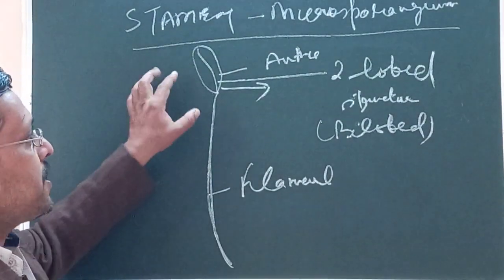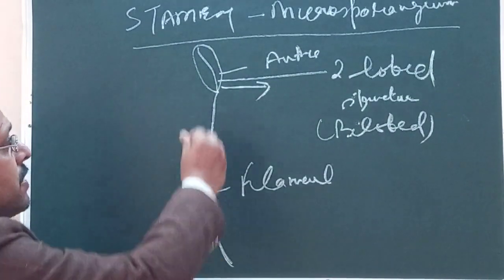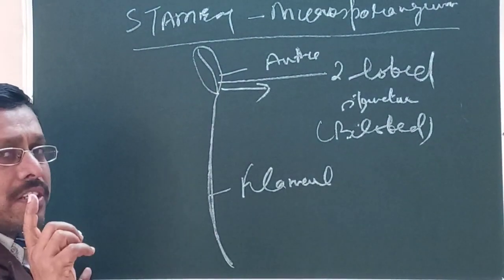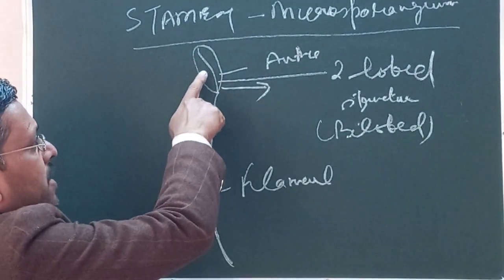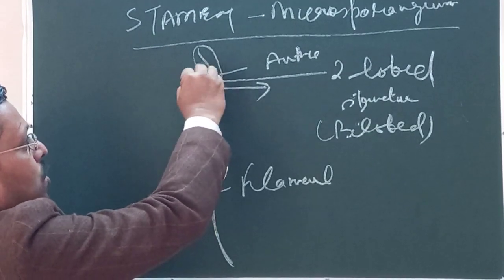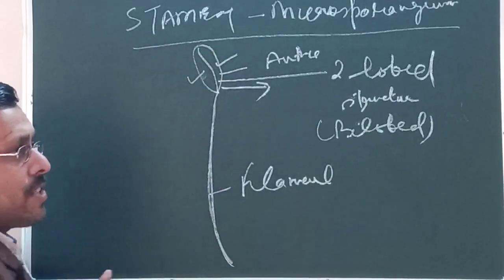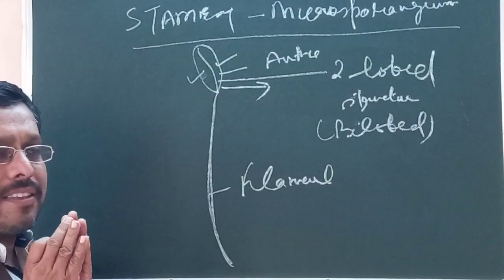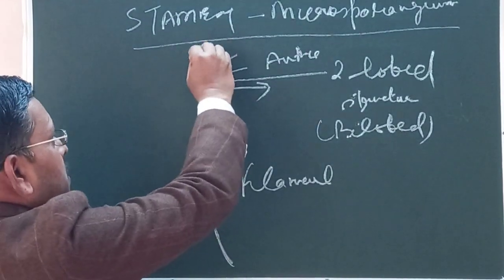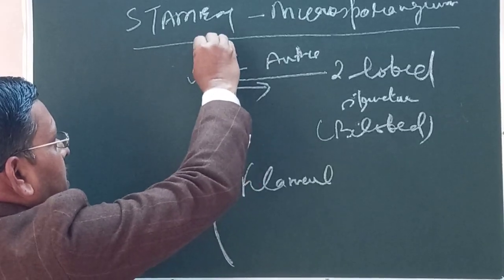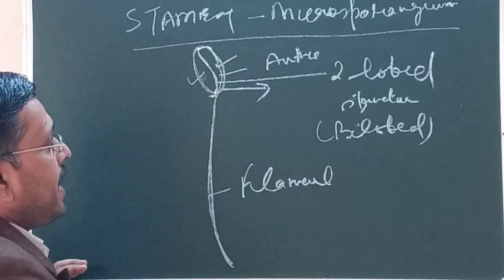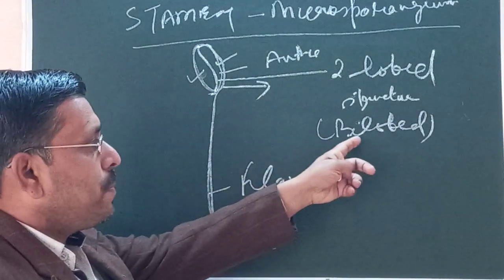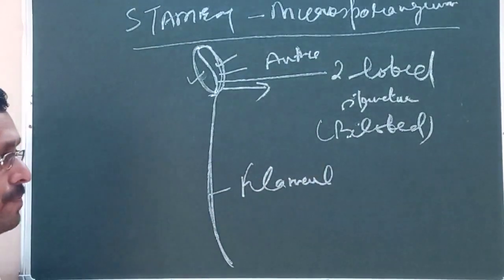Just like a bean grain, it has two distinct structures: one is this lobe and another is this lobe. So it is a bilobed structure. There is a clearly distinct, visible two-lobed structure of the anther. That's why the anther is called the bilobed structure of the stamen.